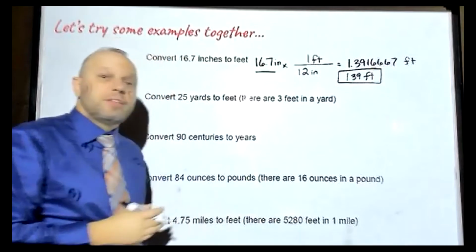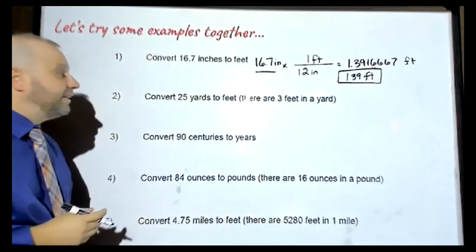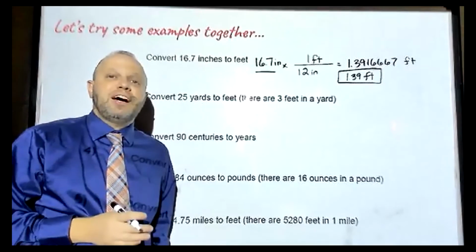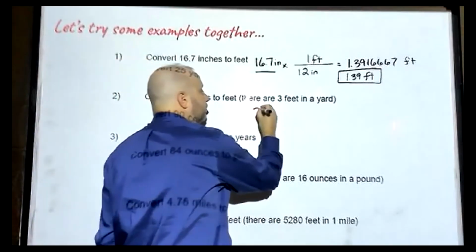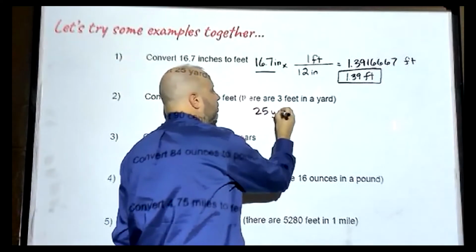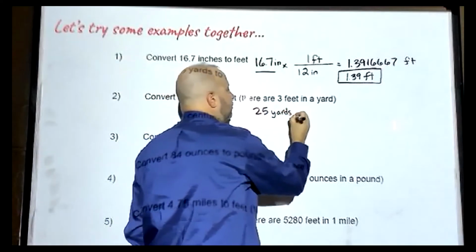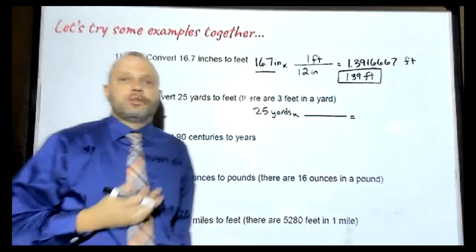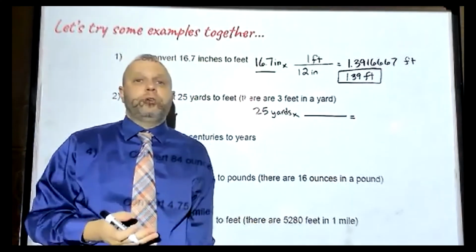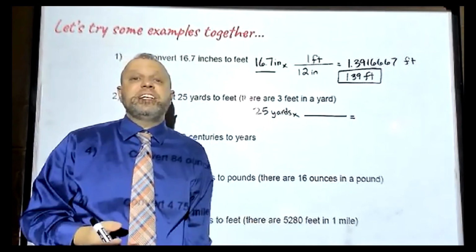Let's take a look at the second problem. It says, convert 25 yards into feet. The problem also tells you, in case you're unaware, there are 3 feet in a yard.